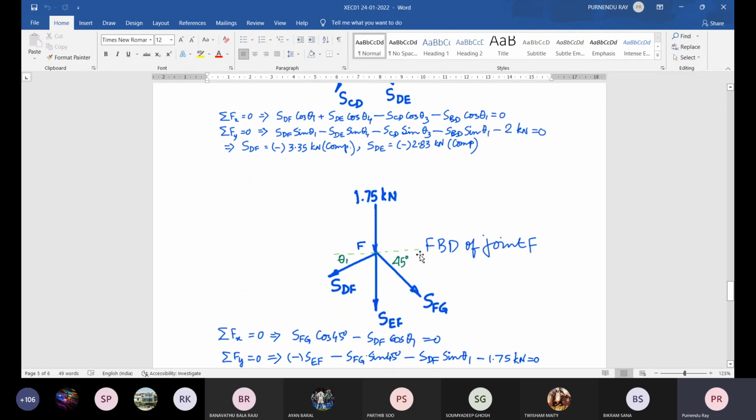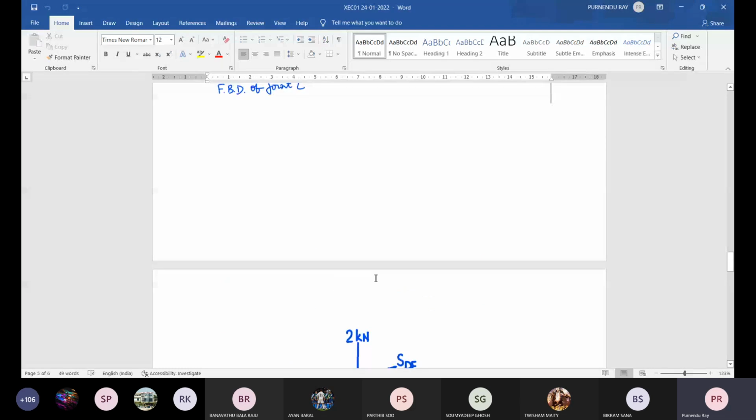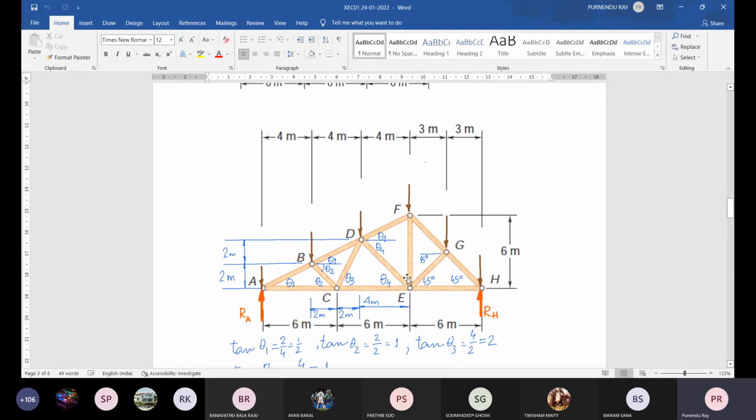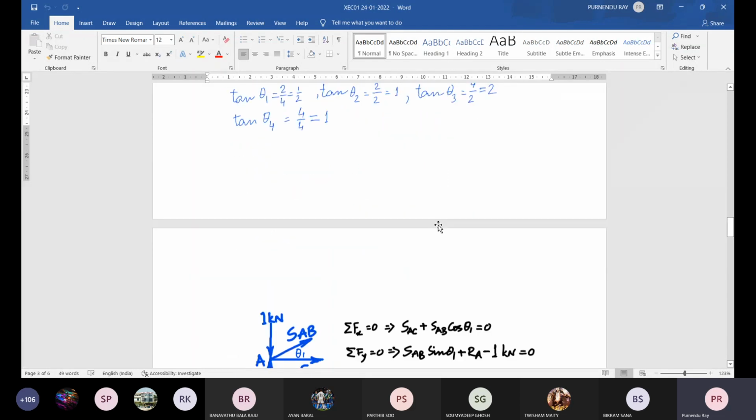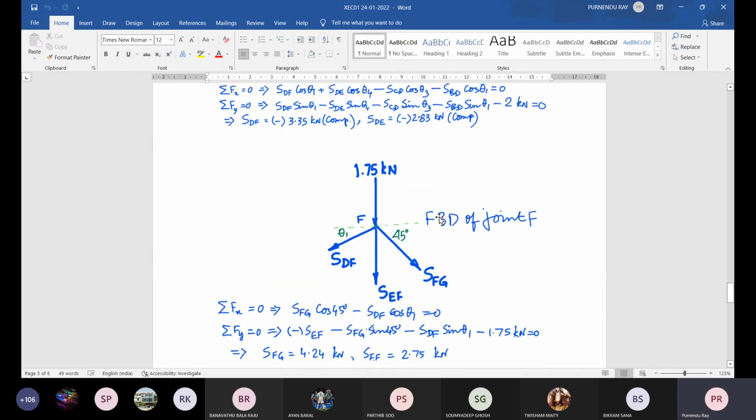Now if we go for the joint F, how many unknowns are there? Two unknowns. DF is already known. So FE and FG. So things are very simple if you repeat this process. So 1.75 kilonewton negative in the y direction.